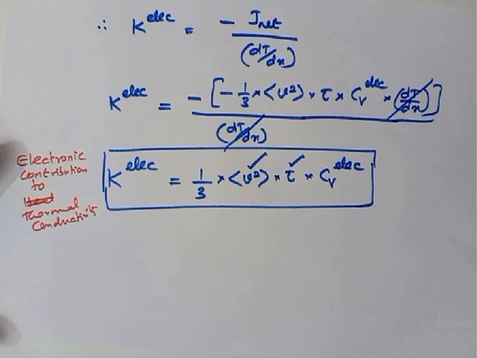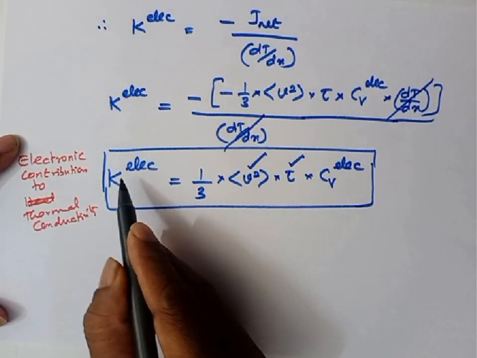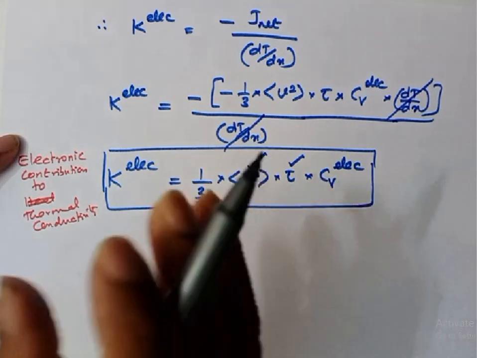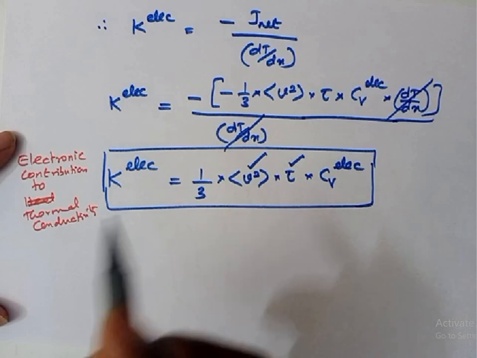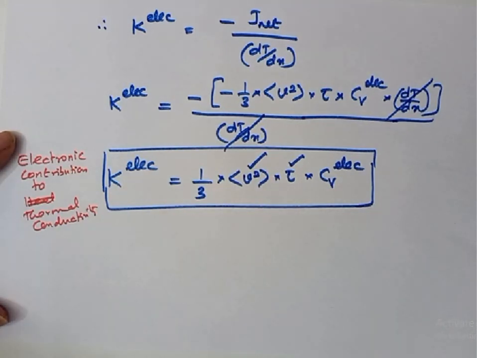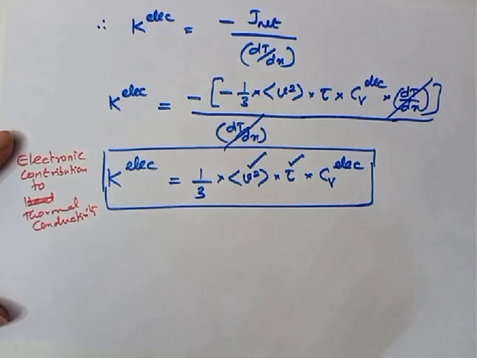So the calculated value of thermal conductivity and the experimental values are very close. So Drude theory could explain the electrical conductivity of metal as well as thermal conductivity of metal in a nice manner.